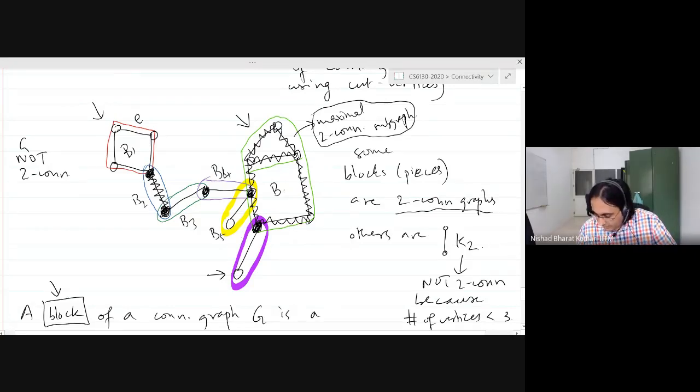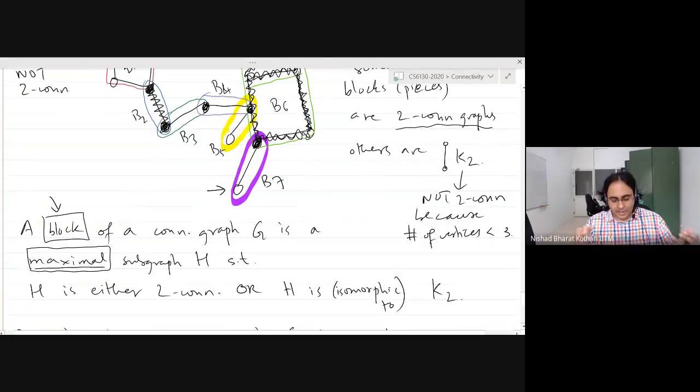This is B6, and this is B7. If you look at any edge, it is in exactly one block. So you can think of each block as just a set of edges, and that will define a subgraph. If you have a set of edges, then you get a subgraph by taking those edges and all the vertices that are part of those edges.